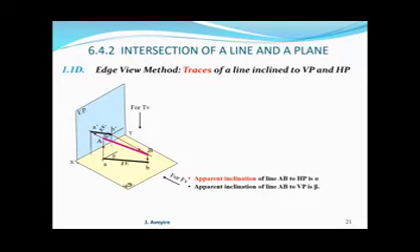Now let's look at the correspondence. We have the relationship showing the correspondence. Now let us take the front view from the VP and extend it to intersect the line XY, which now represents the edge view of HP.